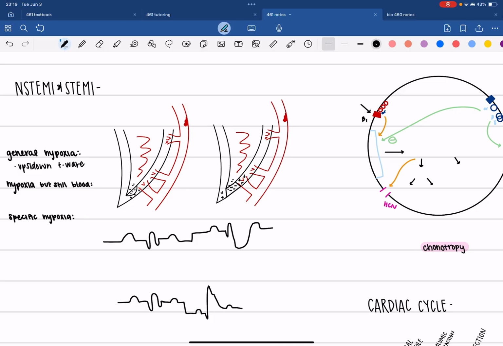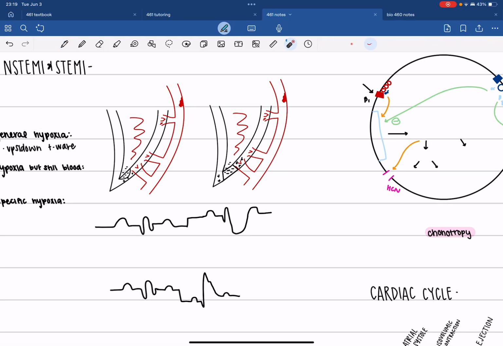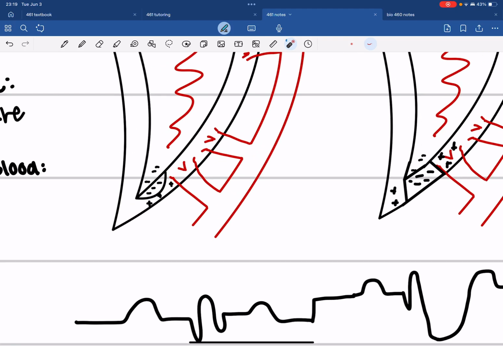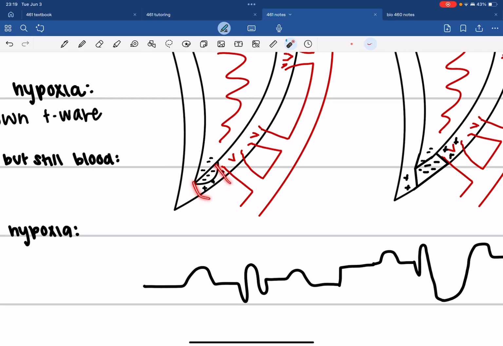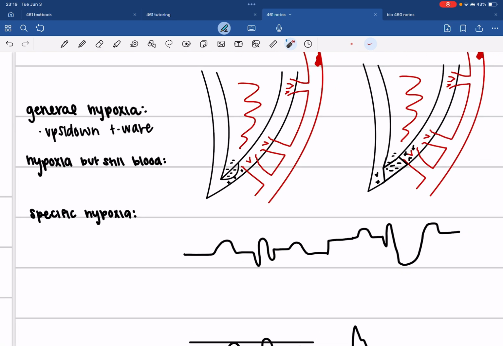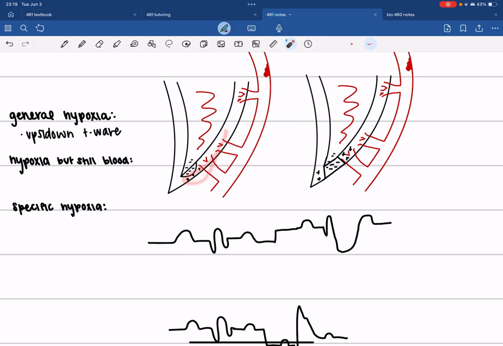Now, if there's a bigger clot and it has moved a little bit further down, it's occluding more blood. On this one right here, we've cut off some of the inferior portion of this, but it hasn't crossed the whole wall yet. It's just crossed some of it. There's still blood getting there, but there's some places that have lost it.